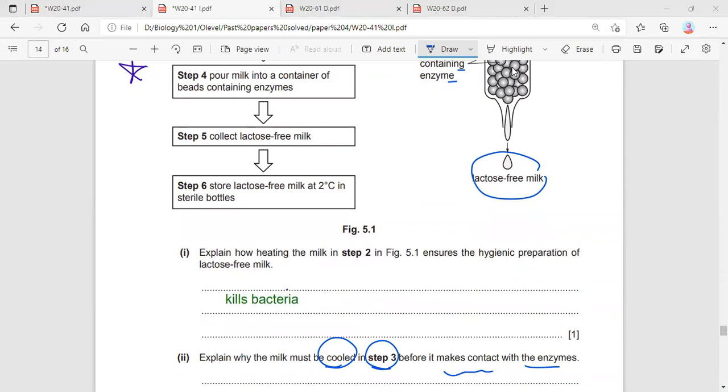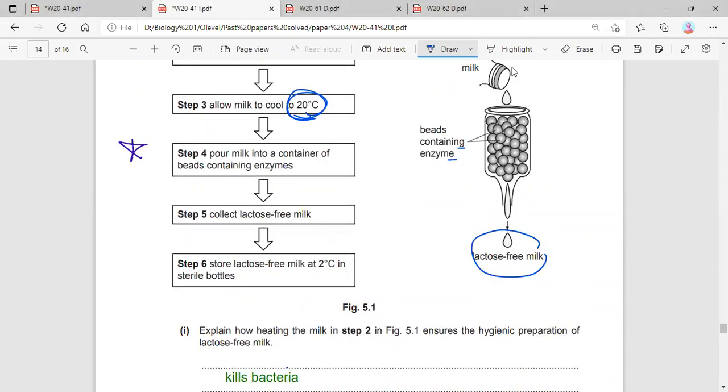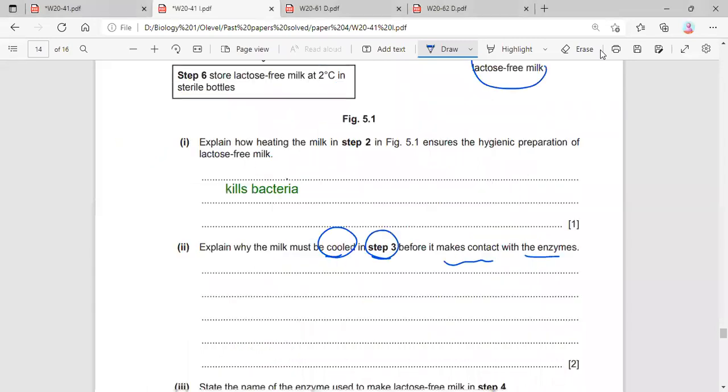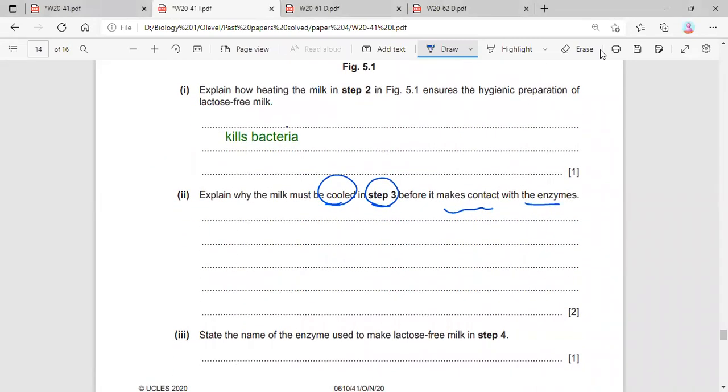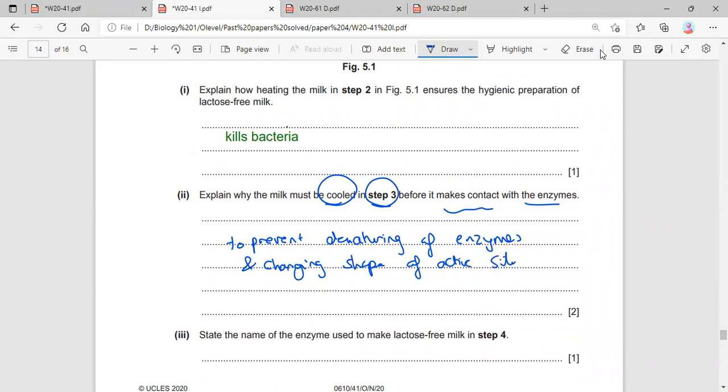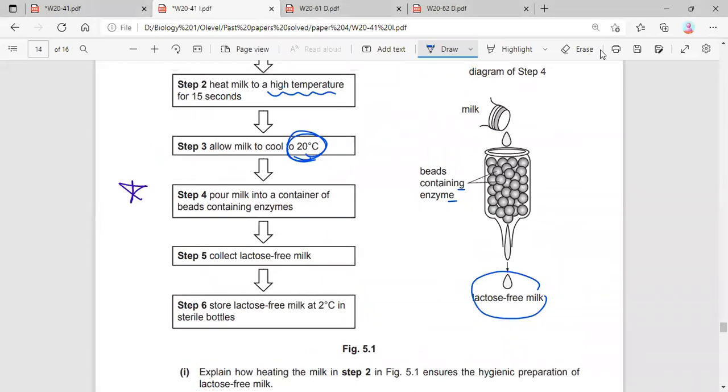In step 3, he told you he cooled it to 20 degrees before he passed it through the enzymes. Before adding it to the enzymes, you have to cool it down. Why is this? To prevent denaturing of enzymes and changing the shape of the active site, so that the lactase is not damaged.